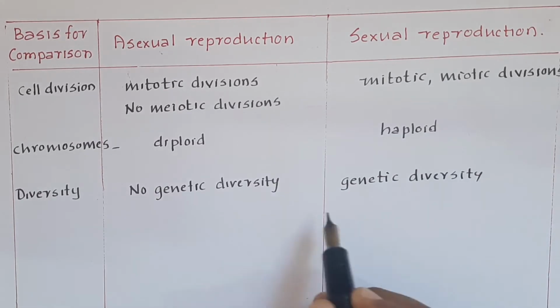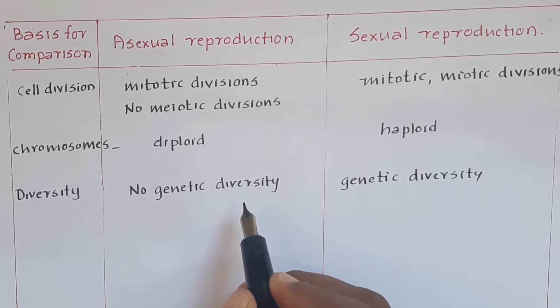So this is how we can differentiate asexual reproduction from sexual reproduction on the basis of diversity.